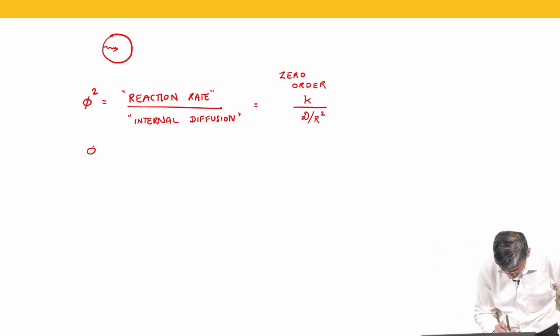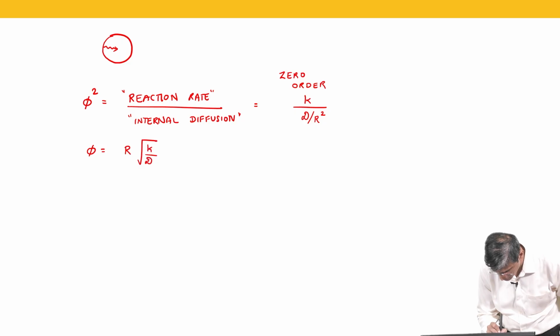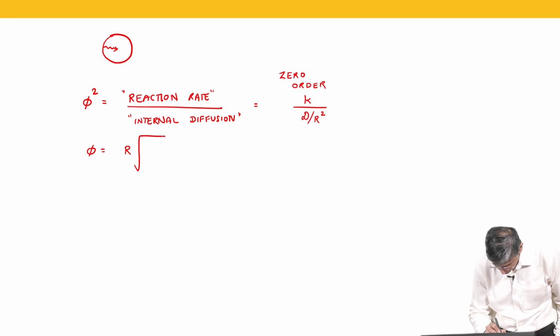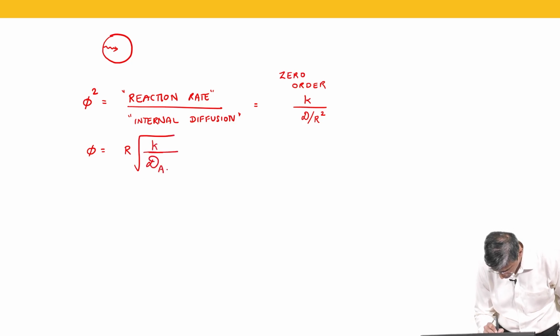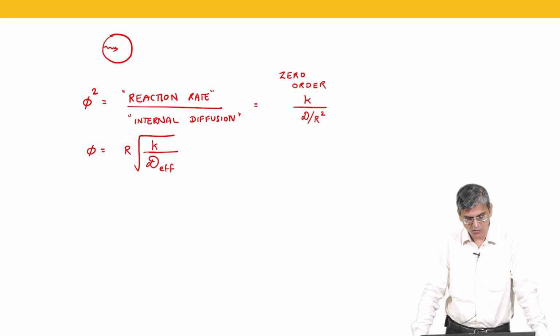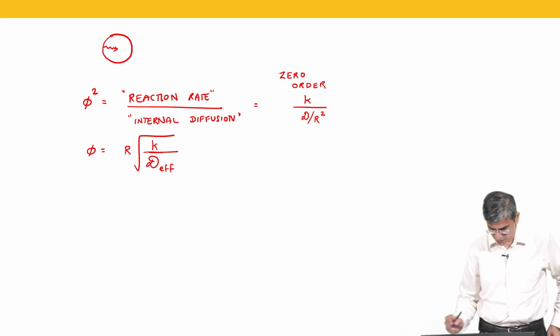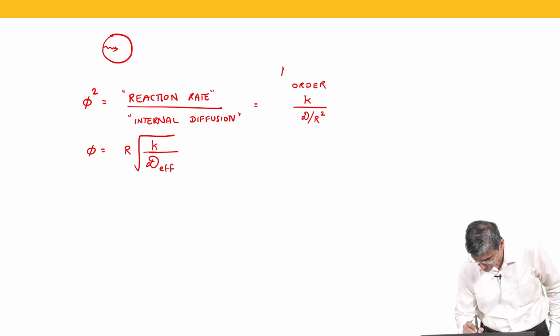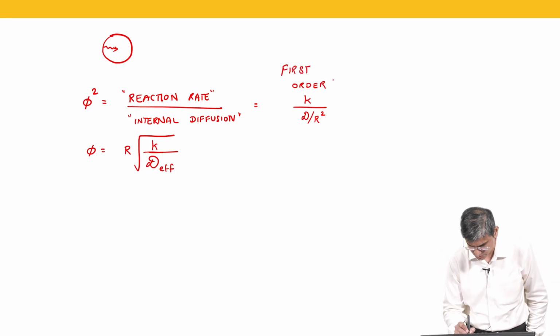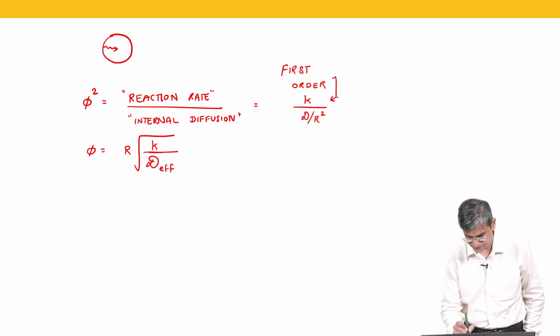So, phi is going to be R times the square root of K by D effective. This is the definition of phi that is used for, not 0 order, sorry, first order reaction.